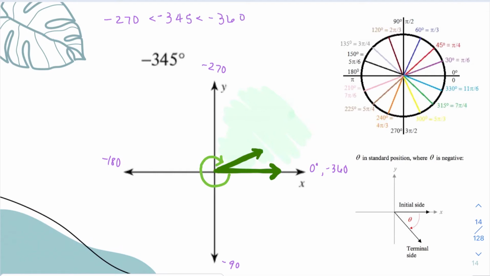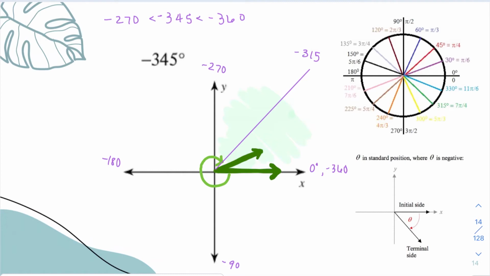Then once I determine that it's in the first quadrant, I'm starting to think about, okay, what's halfway? Halfway is right about here, and halfway would be negative 315. So negative 345 is going to be closer to the x-axis.